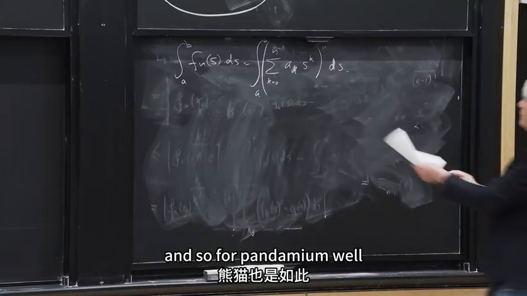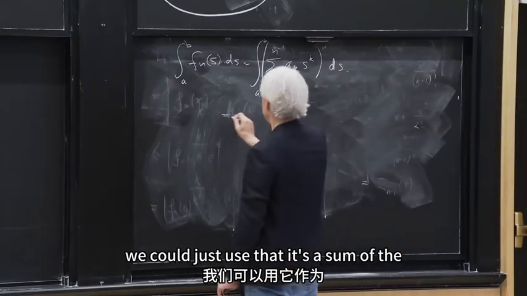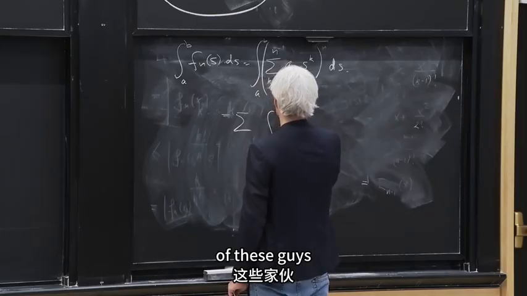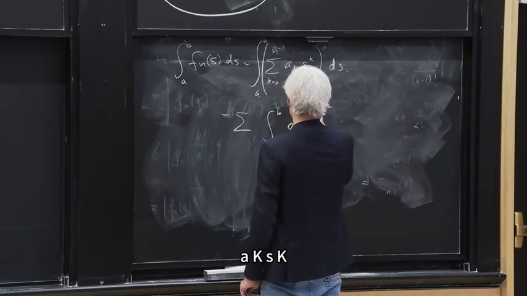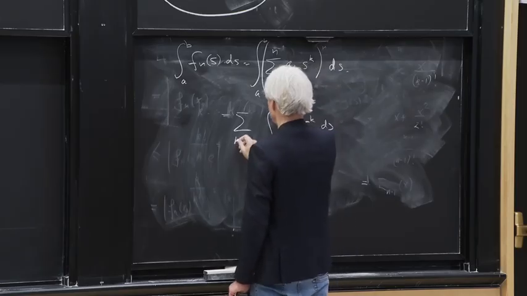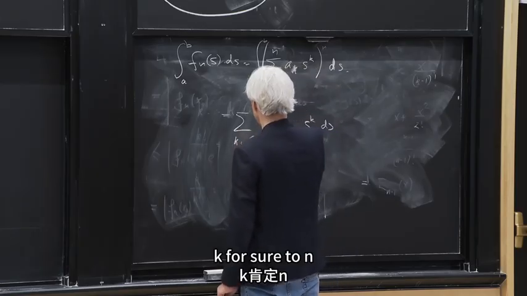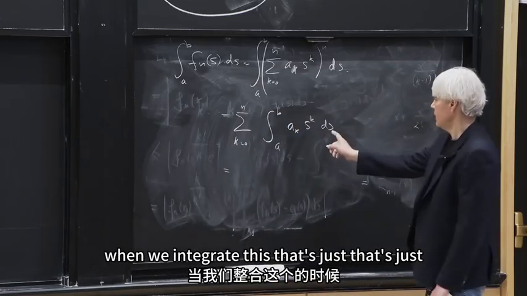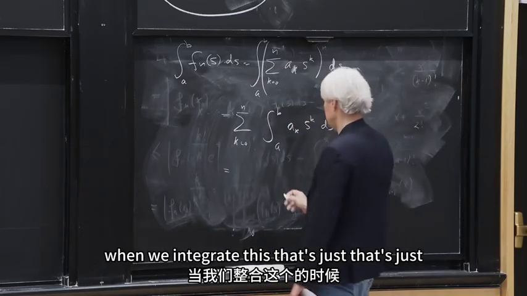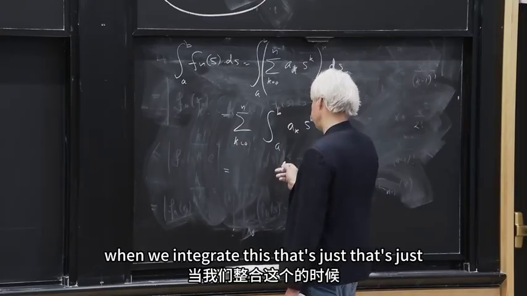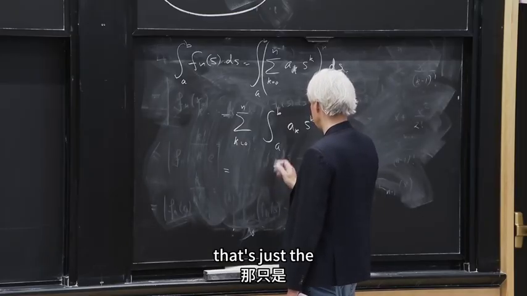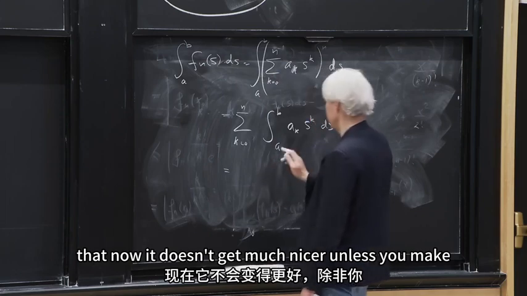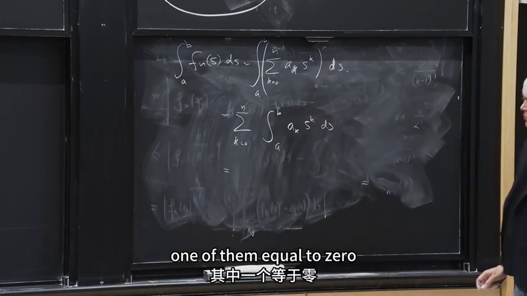And so for a polynomial, we can just use that it's a sum of these guys, a_k s^k ds, k equals 0 to n, right? And now it doesn't get much nicer unless you make one of them equal to 0.